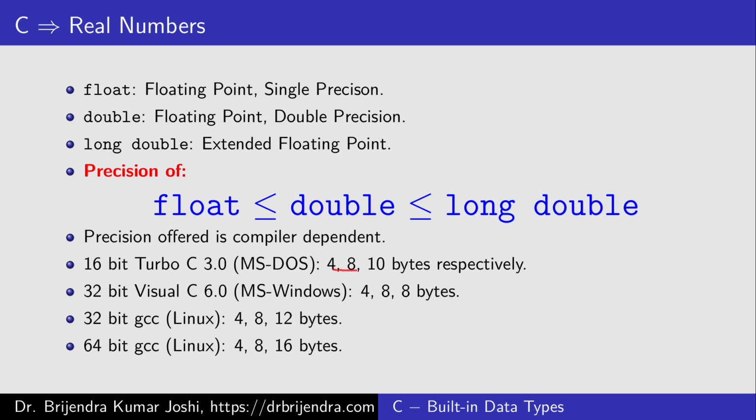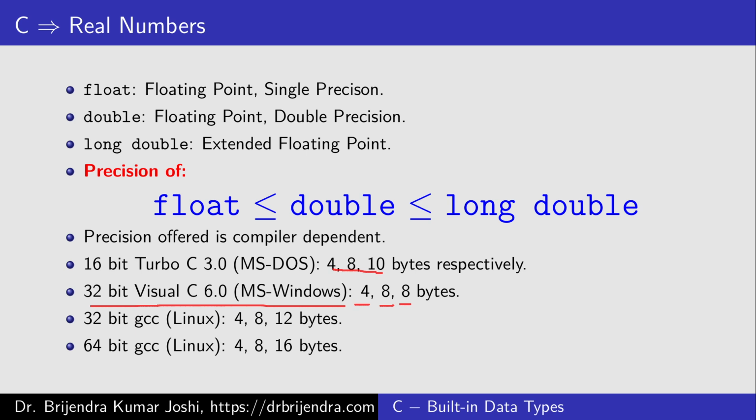That is, 4 bytes, 8 bytes, and 10 bytes in Turbo C 3.0. Whereas in 32-bit Visual C 6.0, which was for MS Windows, float is 4 bytes, double is 8 bytes, and long double is also 8 bytes.